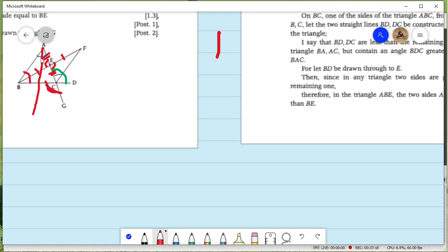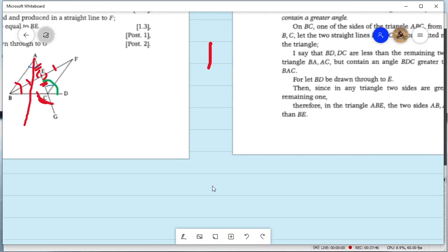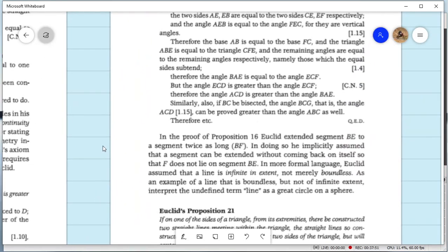Hence, the exterior angle ACD is greater than either of the two remote interior angles of triangle ABC, proving the proposition.